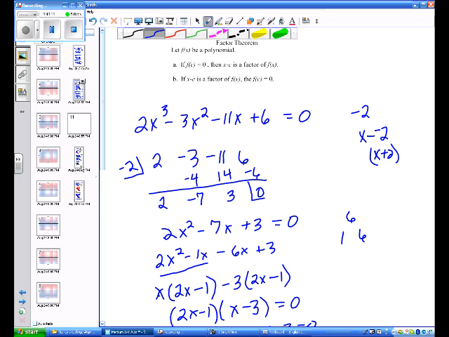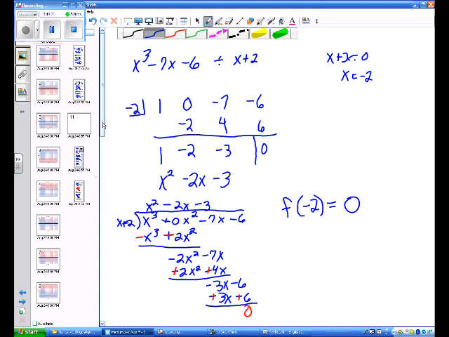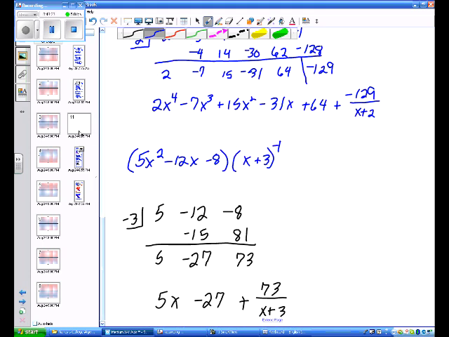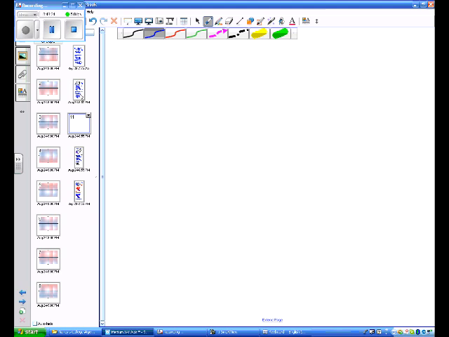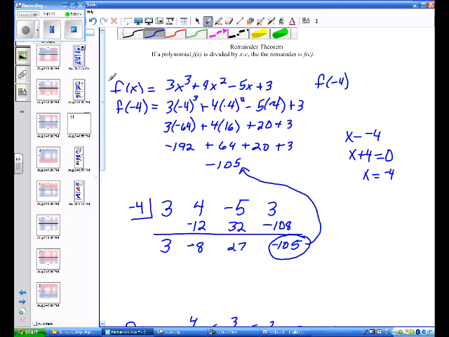And the remainder theorem tells us that when we divide, whatever our remainder was is the same answer we would have gotten if we had evaluated the polynomial at that number. So those are two very important theorems.